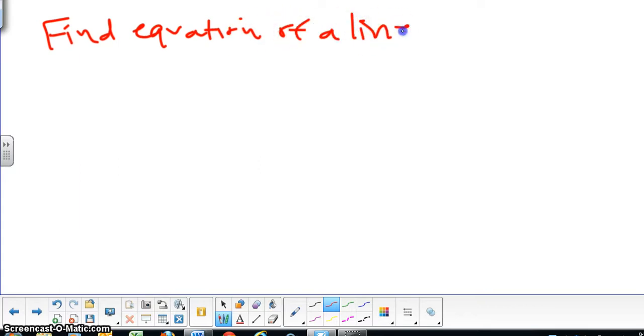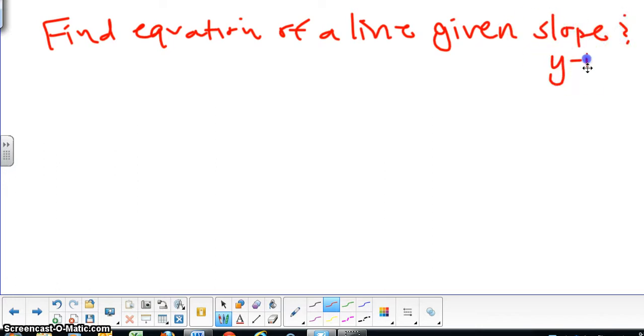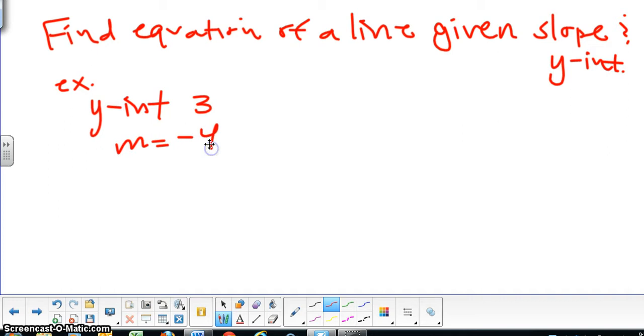Okay, next we're going to find the equation of a line. This time we're going to be given the slope and the y-intercept. Okay, so let's first start with the y-intercept. This is just going right to the example. The y-intercept is 3 and the slope is -4.